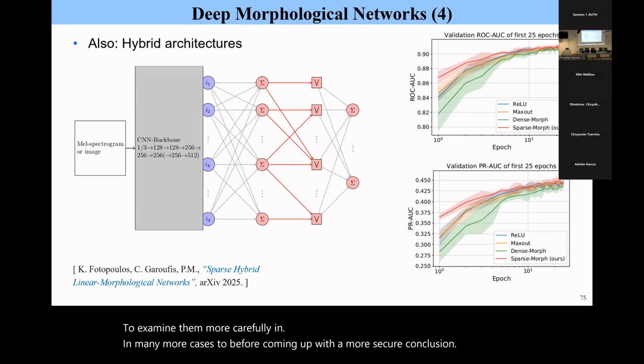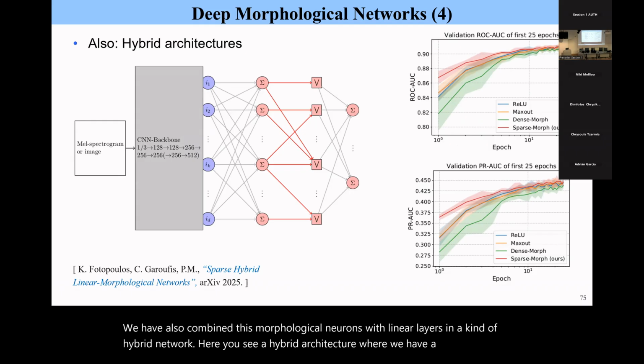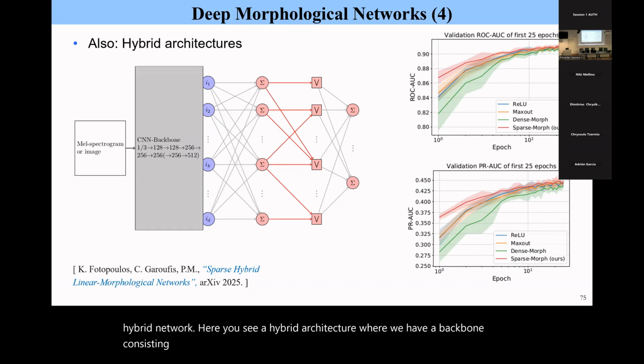We have also combined these morphological neurons with linear layers in a kind of hybrid network. Here you see a hybrid architecture where we have a backbone consisting of a traditional convolutional neural net followed by a hidden layer of these morphological neurons.